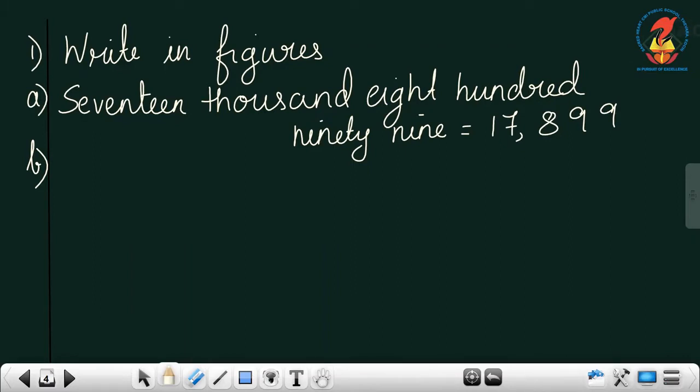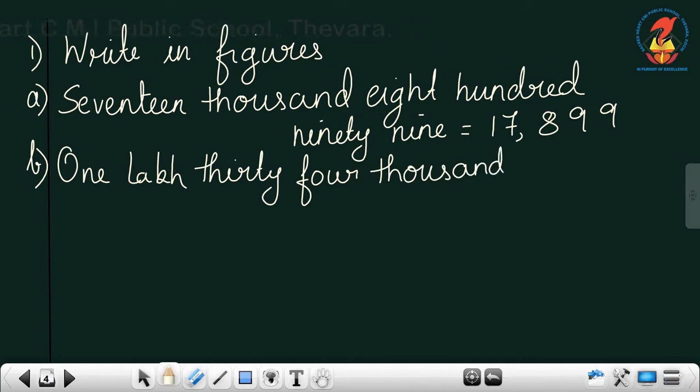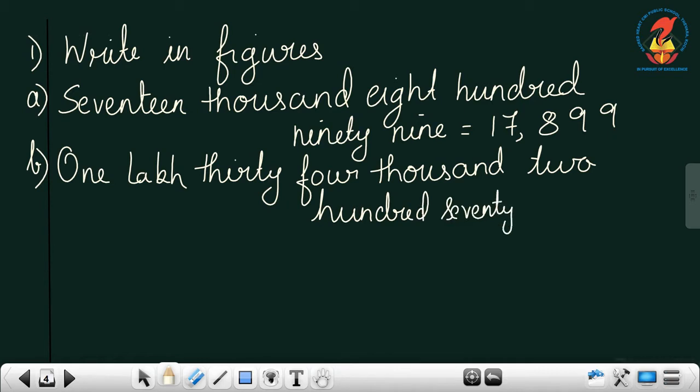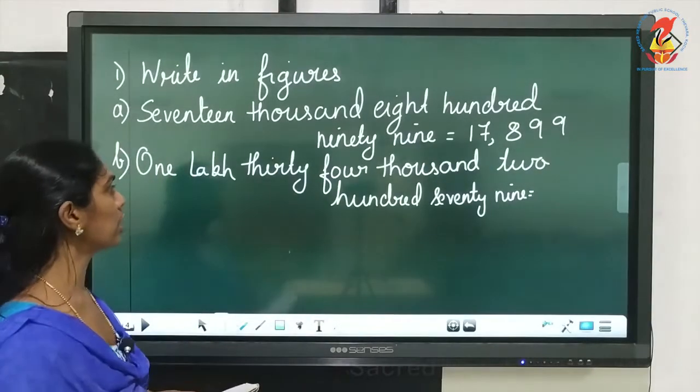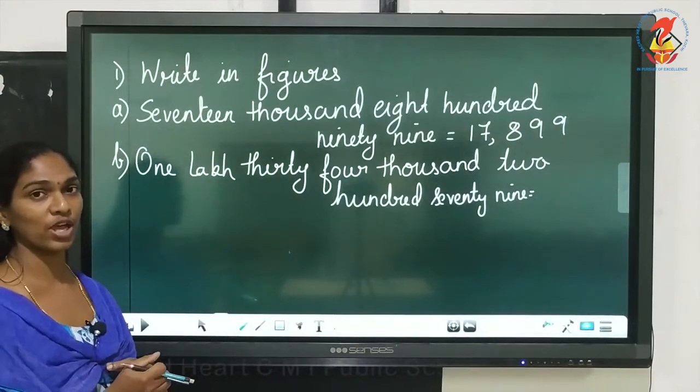Question B. One lakh thirty-four thousand two hundred seventy-nine. Here the number is starting from 1 lakh, that is you are having the lakhs period first.